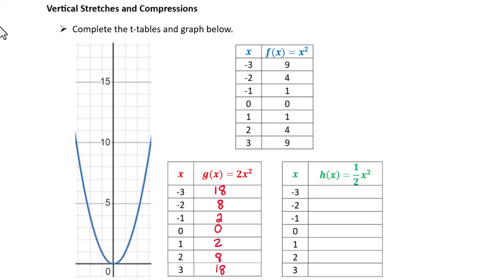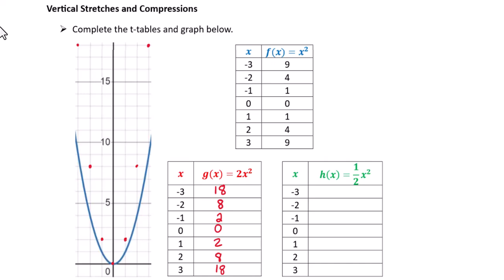And let's go ahead and graph that. I'm graphing this in red so we can easily compare. By putting a -3 in, I am going to be up here at 18. A -2, I'll be at 8. A -1, I'll be at 2. 0, 0, 1, 2, 2, 8, and 3, 18.